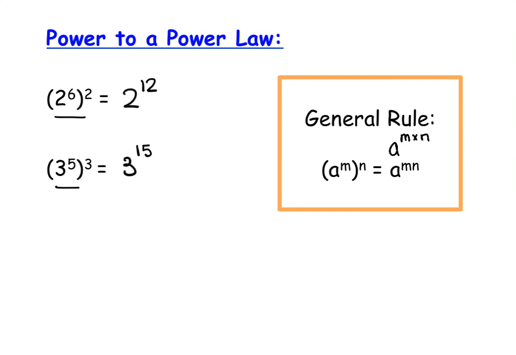So if we notice here, we had 6 and we had 2. How did I get 12? Well, I did 6 times 2 to make 12. And in this case, we had 5 and 3. How did we get 15? Well, 5 times 3 made 15.